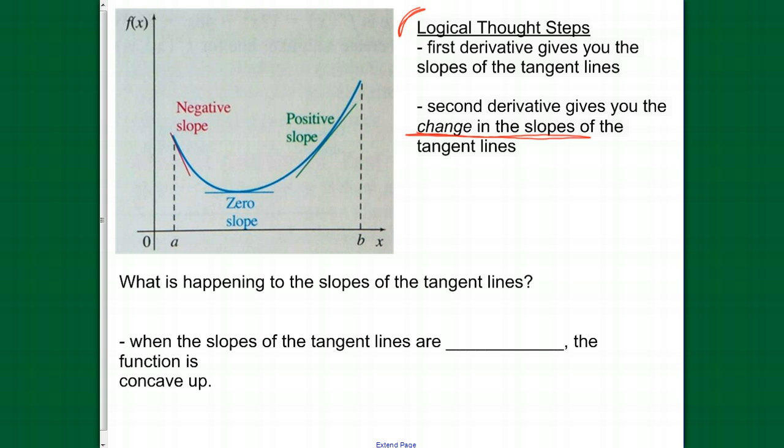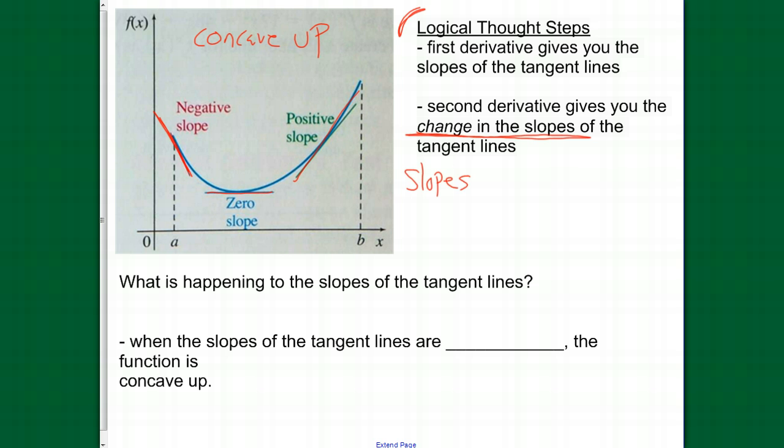So, looking at this graph, this is concave up. All right? But if you look at the slopes of the tangent lines, again, the first derivative tells us the slopes of tangent lines. We have a negative slope, as we always read left to right, going from the negative slope to a zero slope, and then the tangent line there has a positive slope.